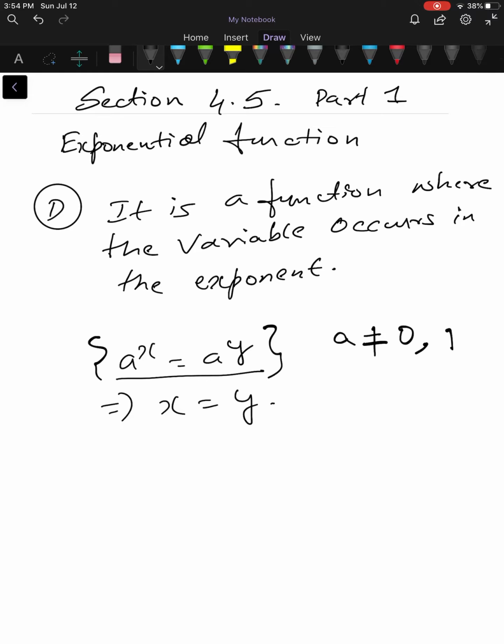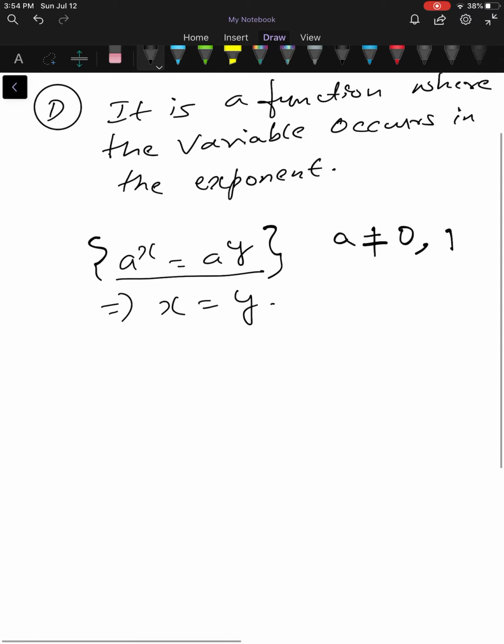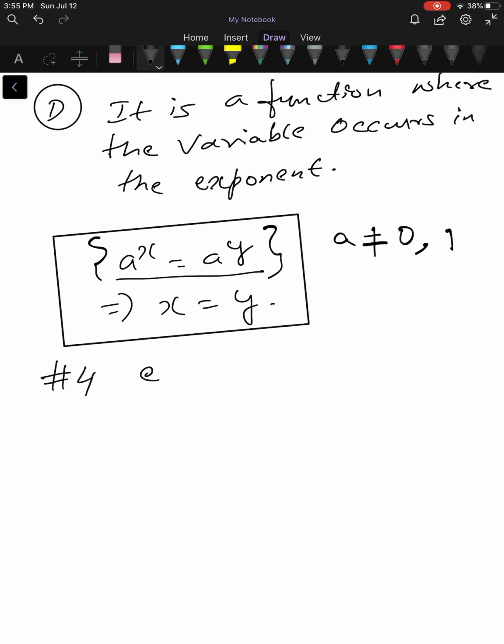Let me solve a problem for you. I will do an exercise problem, say exercise number 4. The question is to find the solution of the exponential equation as in example 1. Example 1 is given in the book, where we use the technique that if the bases are the same and raised to different powers, the powers are also equal.